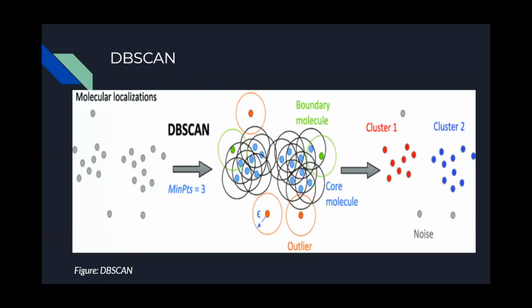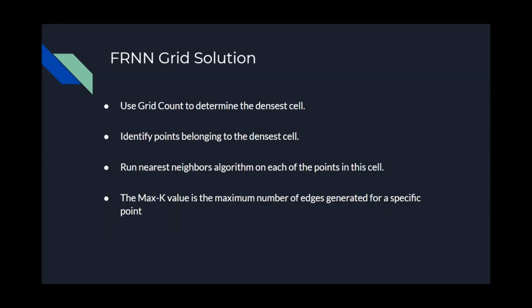As for the DBSCAN algorithm, this is a density-based clustering algorithm. I quite simply used cuML for DBSCAN, found the densest cluster, and set my max K value to be the number of points in the densest cluster. For the FRNN grid solution, I used the inherent features present in the FRNN grid, one of them being grid count.